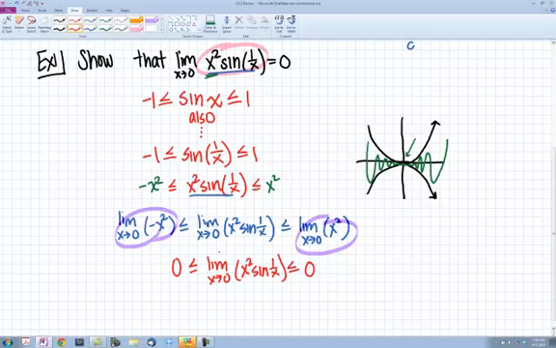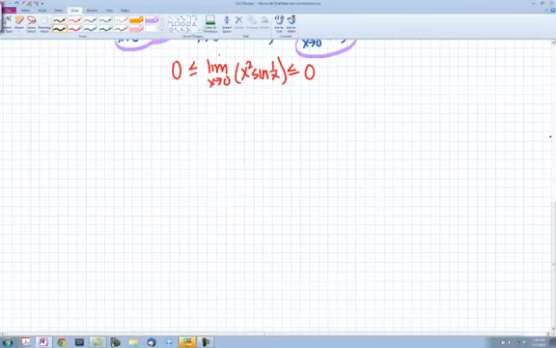Now the other thing I want to go over with you guys is something called end behavior model. And I'm going to go over the definition of it.